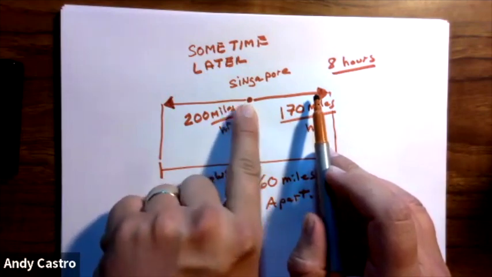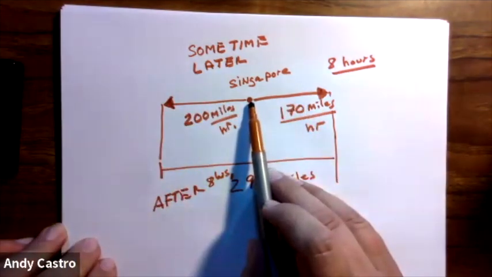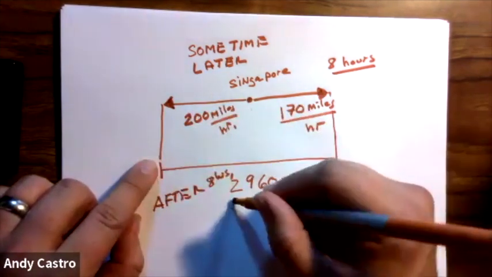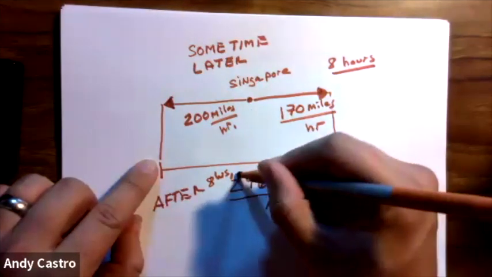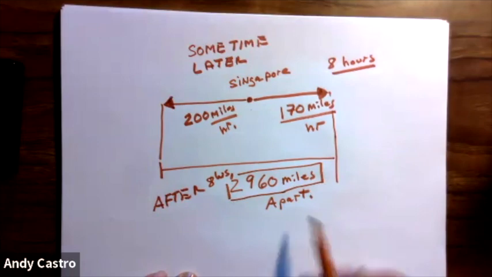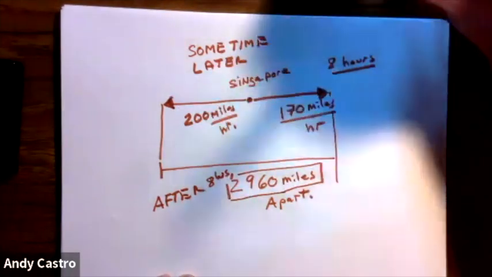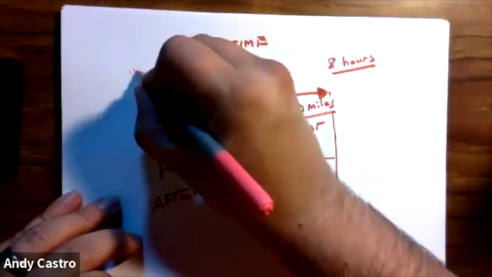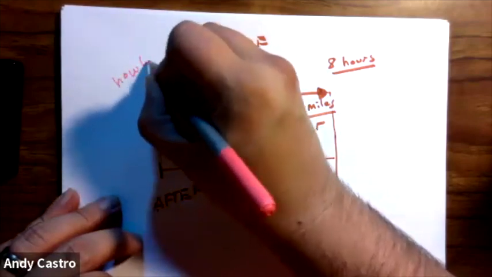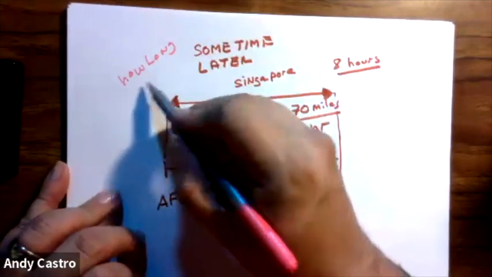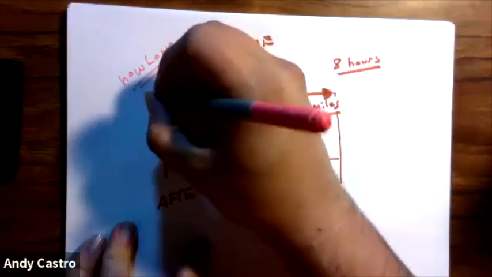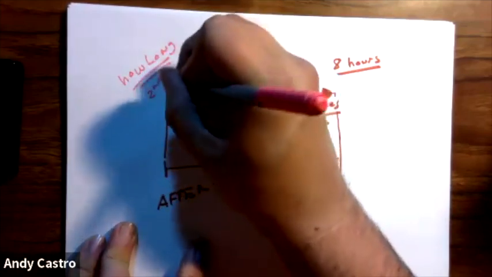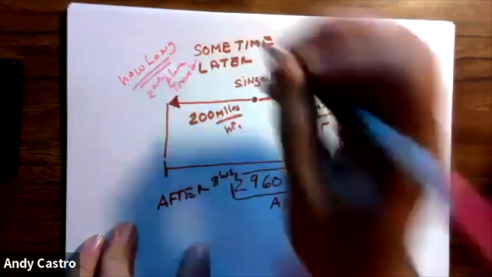We don't know. But 8 hours after the first jet takes off, these two jets are 2,960 miles apart. What we want to figure out is how long was the second plane in the air? Or how long was it traveling?